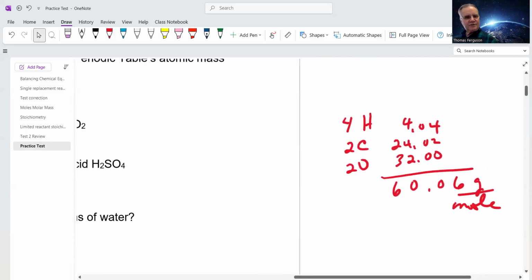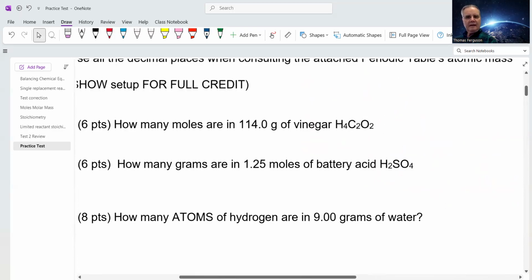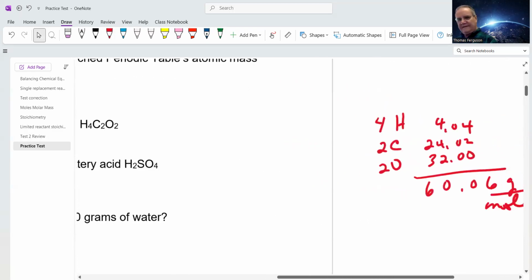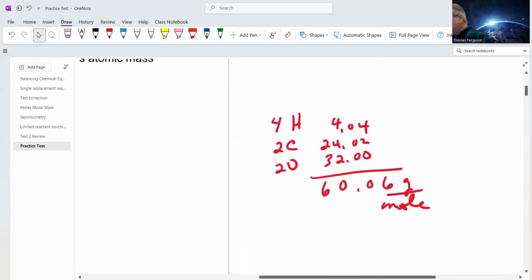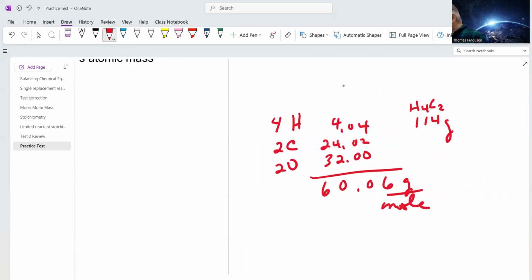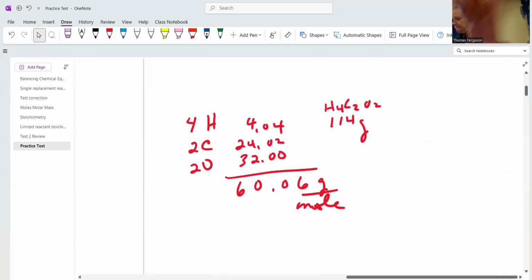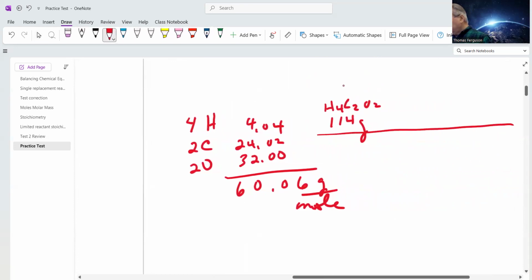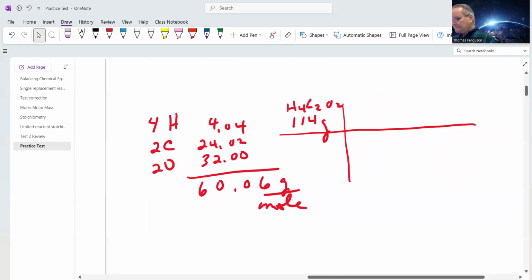All right, so we're starting with 114 grams. To get to moles, we're going to use the molar mass that we just calculated here.